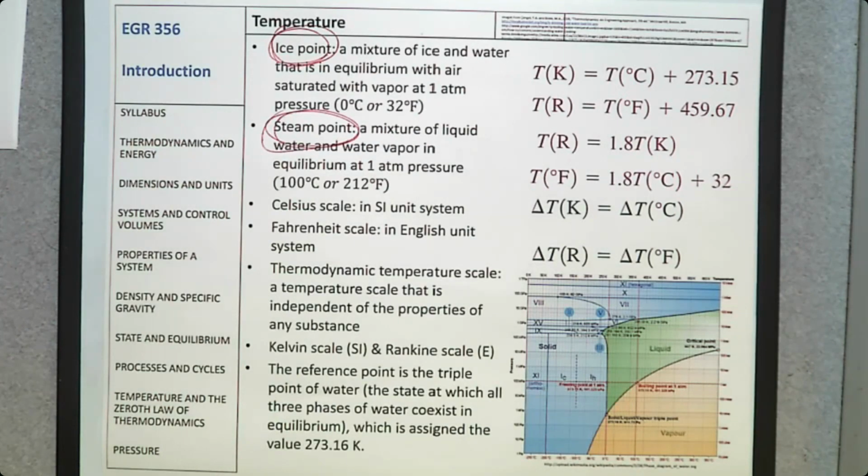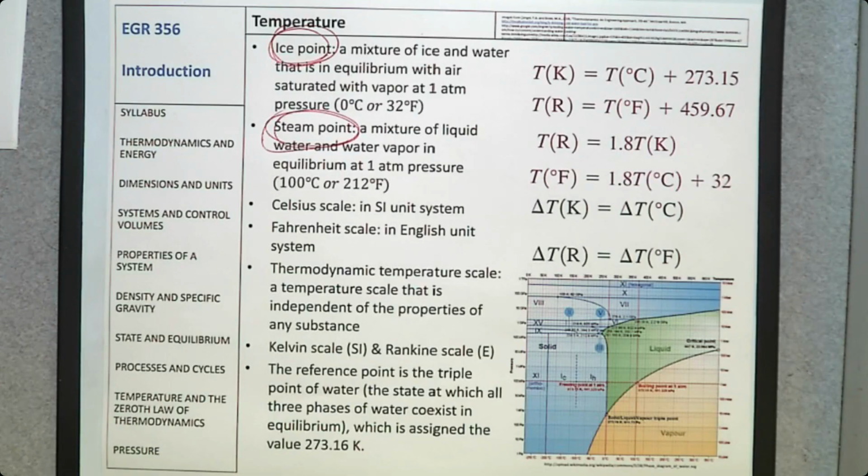But in general, at 1 atmospheric pressure, which is the pressure in this bathroom, ice point is around 0 degrees Celsius. So in the Celsius system, we assume that water ice point is 0, water boiling point is 100. That's how we define the Celsius system.